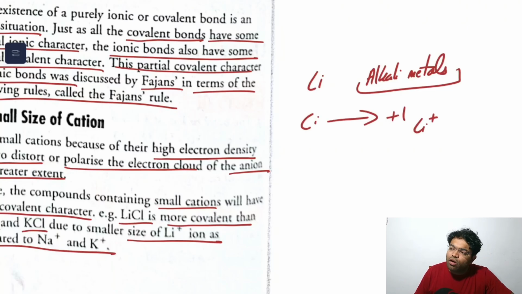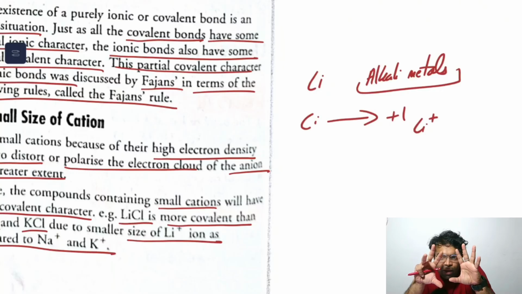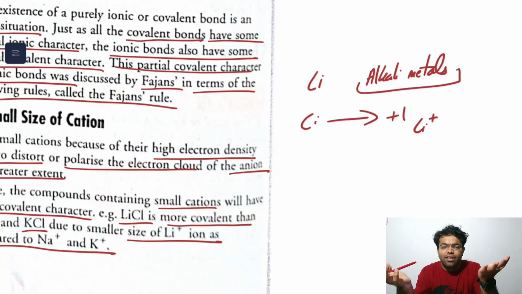Now, this electron dense cloud of lithium is going to distort. Distort means basically affect. It is going to distort the electron cloud of the anion that is next to it, for example, chlorine. Now, this does what? This basically allows a certain amount of covalent character to be seen in an ionic bond.